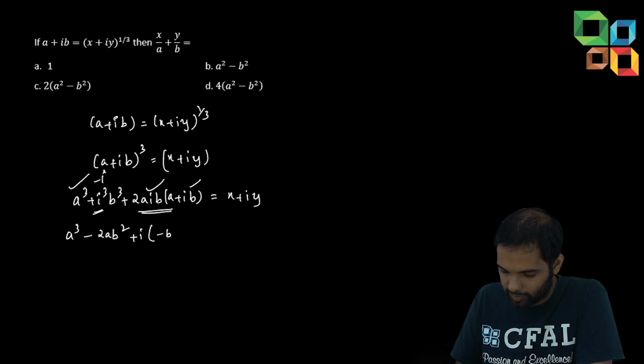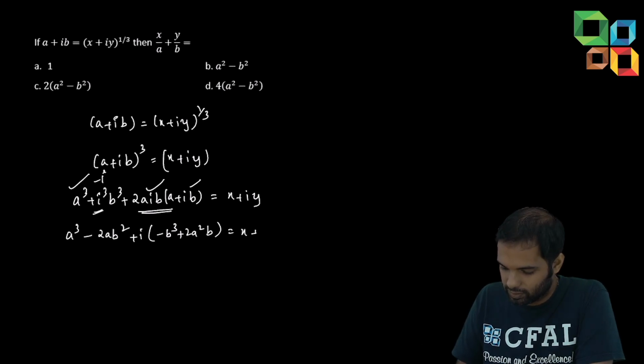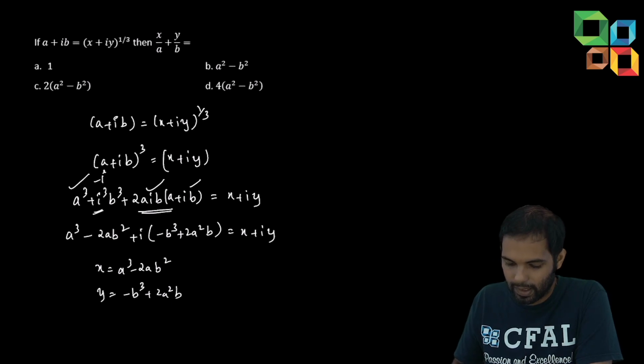So it will be minus b cube. And this is 2a square b plus 2a square b. So what relation did we get? We got x is equal to a cube minus 2ab square and y is equal to minus b cube plus 2a square b.